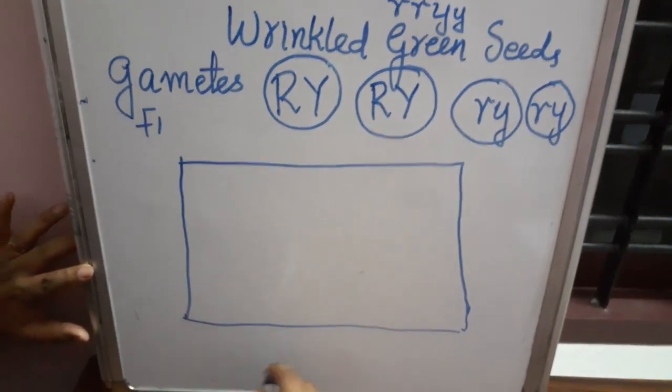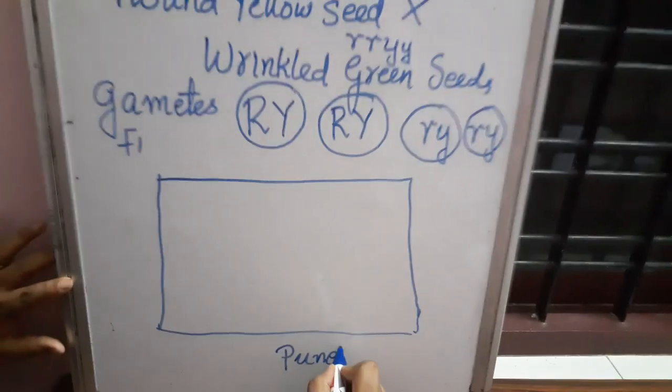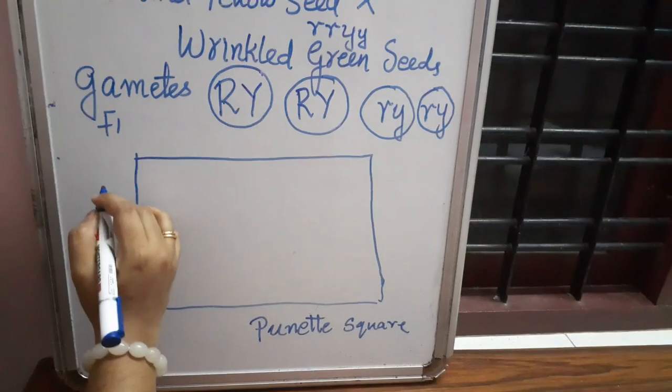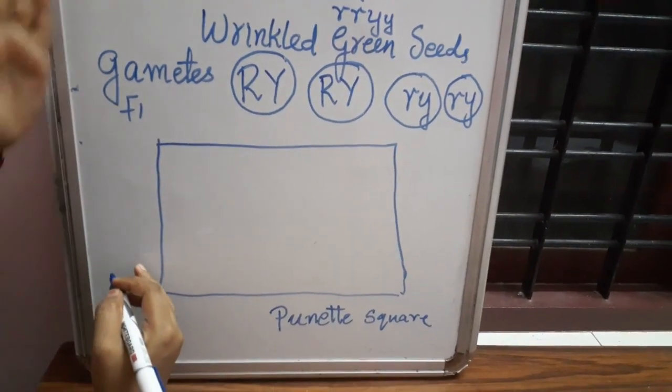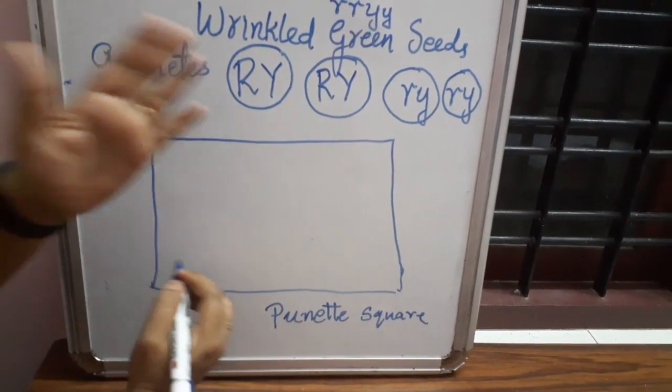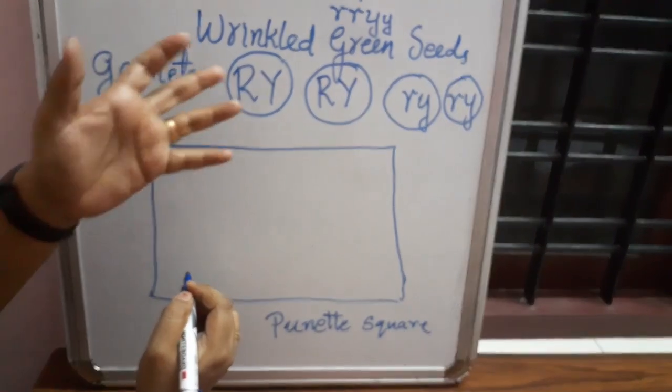We are drawing the Punnett square. Here on one side we will write one seed color, and on the next side we will write the next plant's seed color.